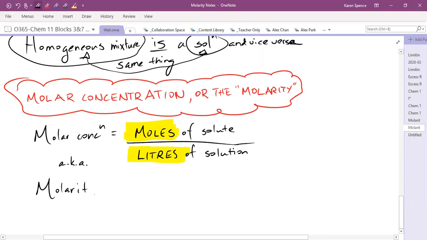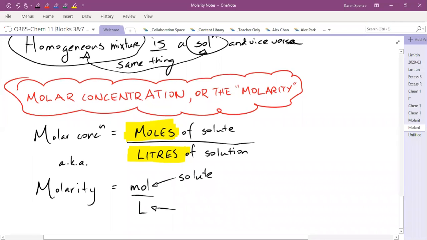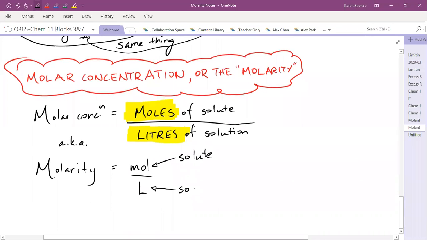Those are two words for the same thing. And remember that that is moles of solute per liters of solution.